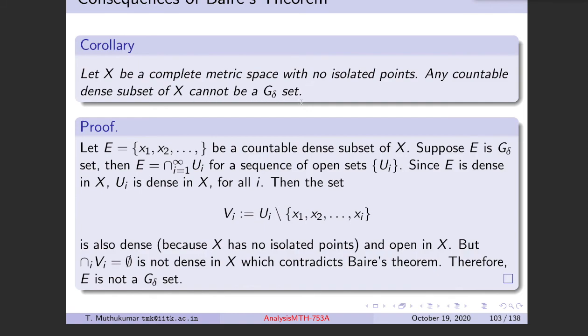In our situation, C of minus pi to pi is a Banach space, so it has no isolated points. If G was countable, it would violate this corollary, which is a consequence of the Baire category theorem that we had shown.